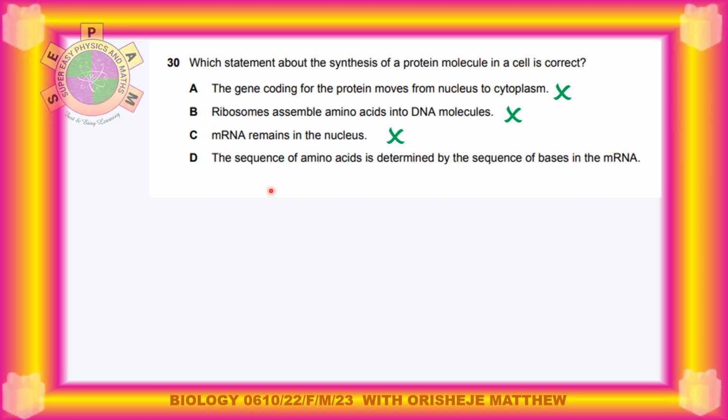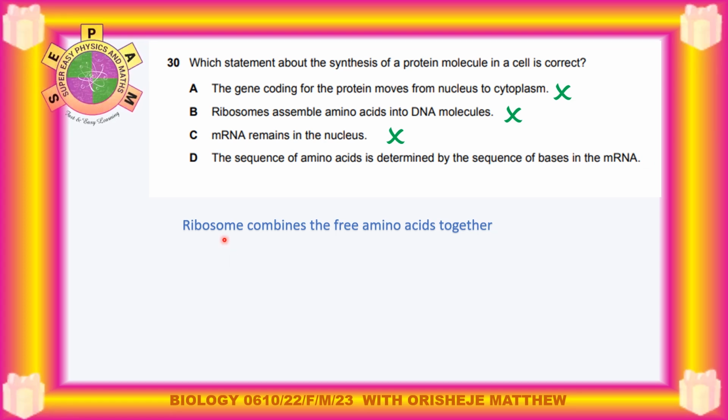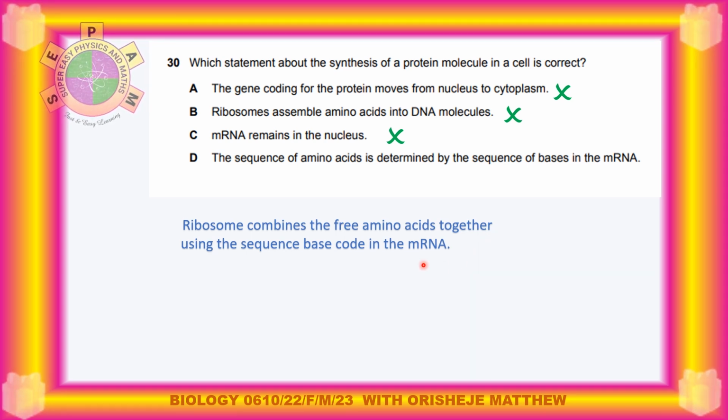The sequence of the amino acid is determined by the sequence of the base in the messenger ribonucleic acid. So that is the correct answer. Ribonucleic acid combines the free amino acids together using the sequence base code in the messenger ribonucleic acid. So that is the correct answer, D.